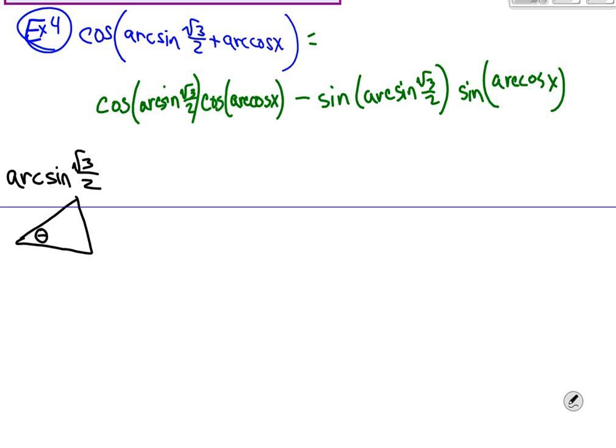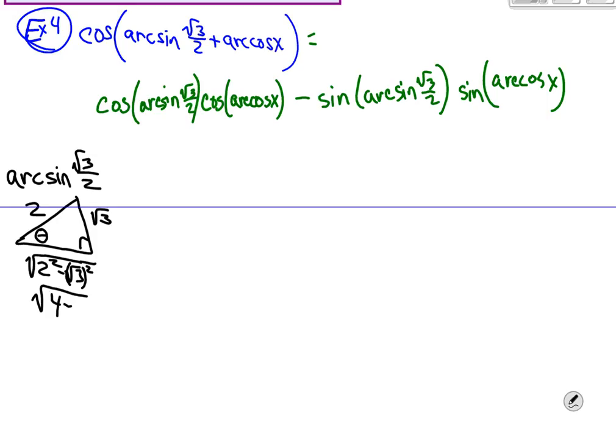And if there is some angle theta for which its sine is the square root of 3 over 2, sine is opposite over hypotenuse. So we could say this is the square root of 3, the hypotenuse is 2. And to find the other side, I can use the Pythagorean theorem. So this side is the square root of 2 squared minus the square root of 3 squared. And 2 squared is 4.